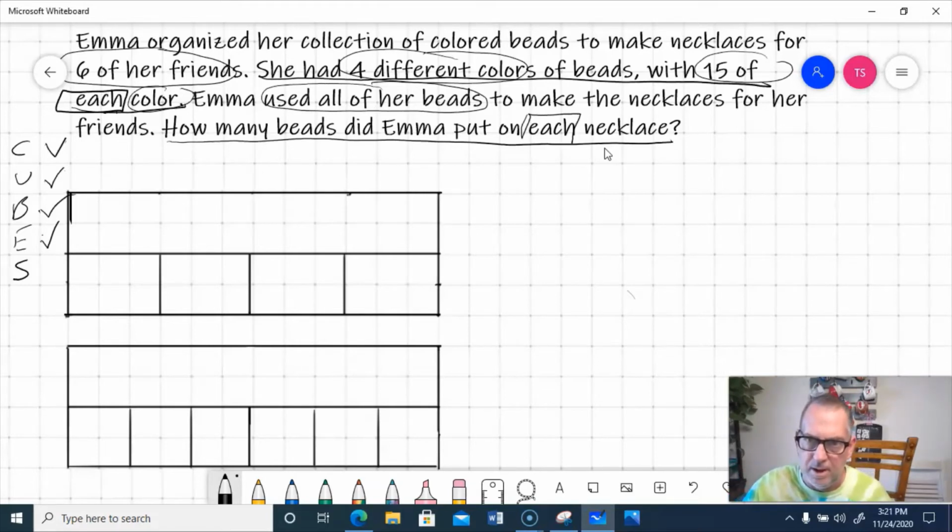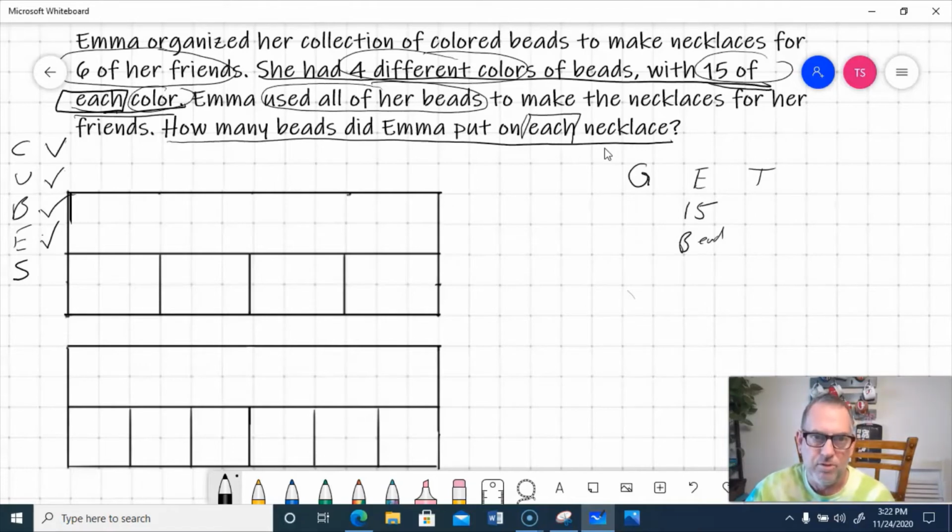So I'm going to use a GET strategy because I already said "each" is talking about equal groups. Figure out how many groups there are, how many are in each group, and what the total is. Right off the bat, there's 15 of each color, so the 15 is how many are in each group, and that's beads.